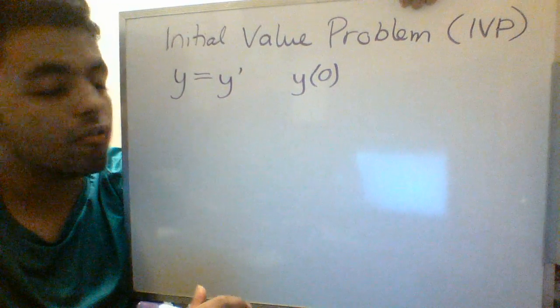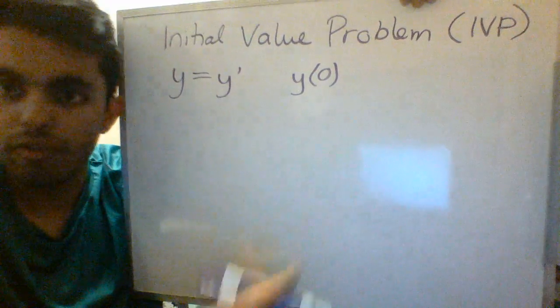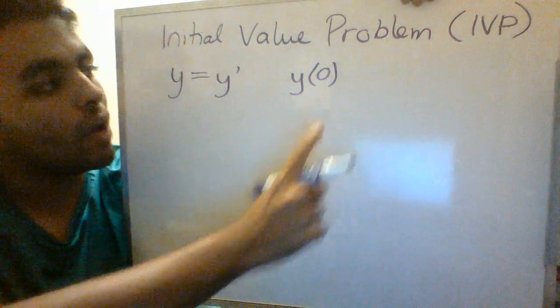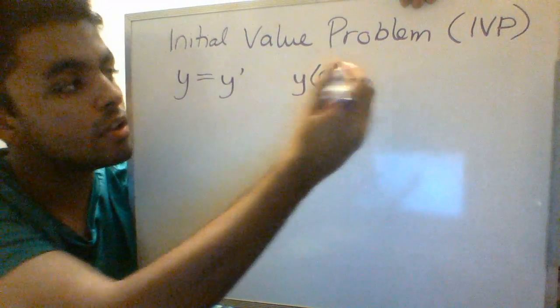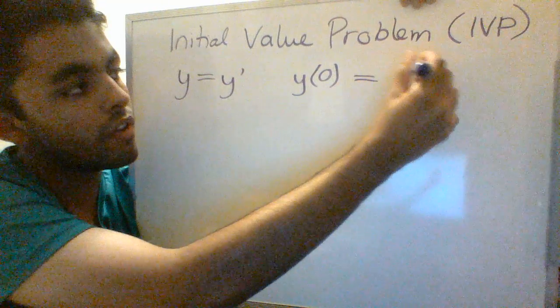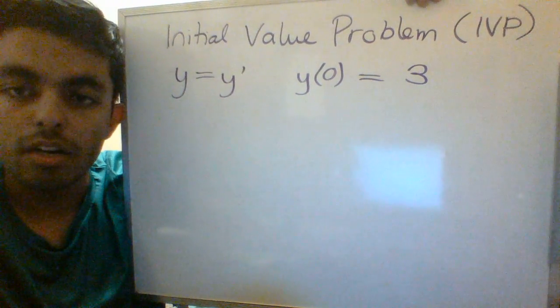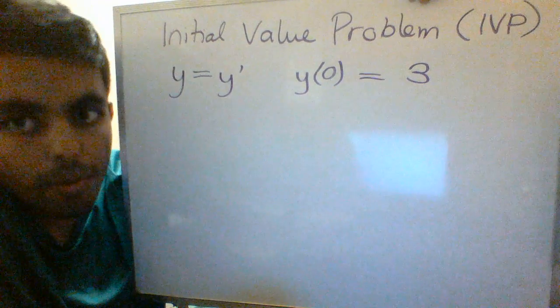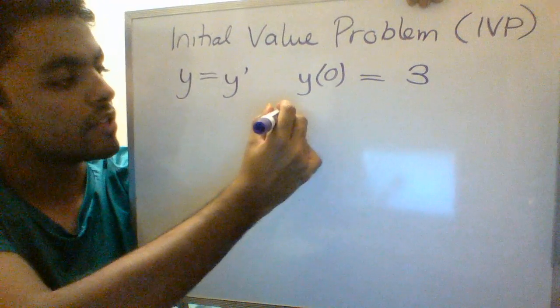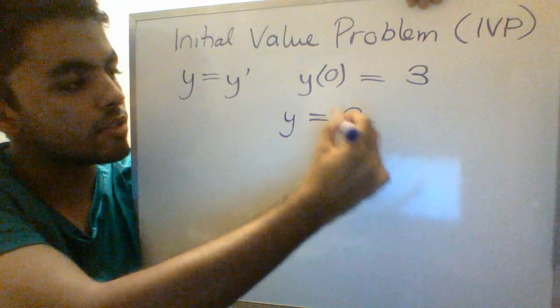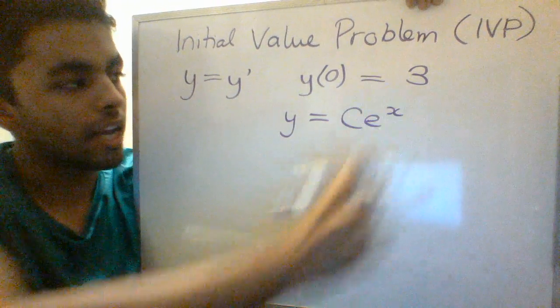So y of x is going to equal some function of x. I'm telling you that when x is equal to 0, that other side of the function is going to evaluate to 3. Alright? So remember, our final answer from the previous time that we did this was that y is equal to c e to the x.